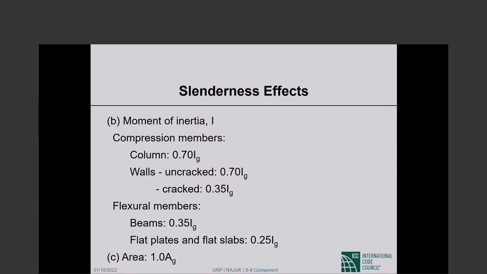I would like to remind you that this is I think quite important. We are looking at section 10.10 of the code, slender column design, and the I values given here are for that specific purpose, design of slender columns.